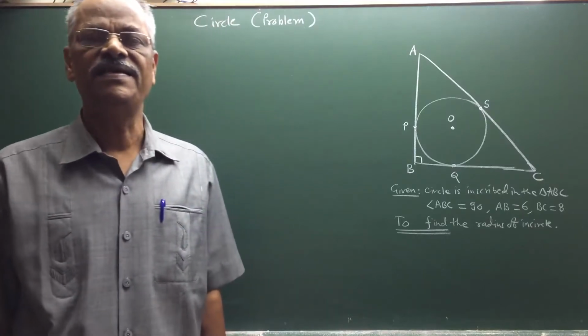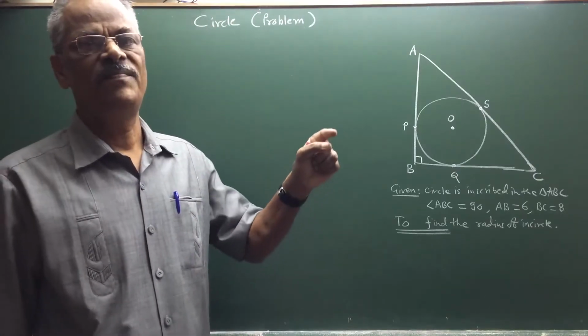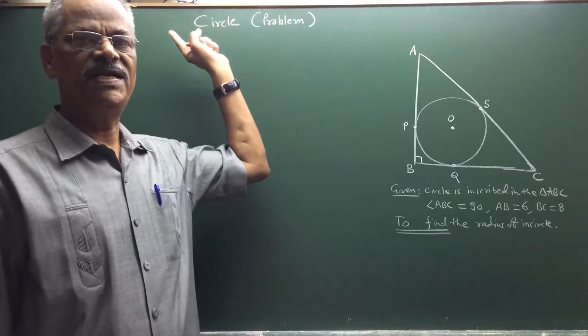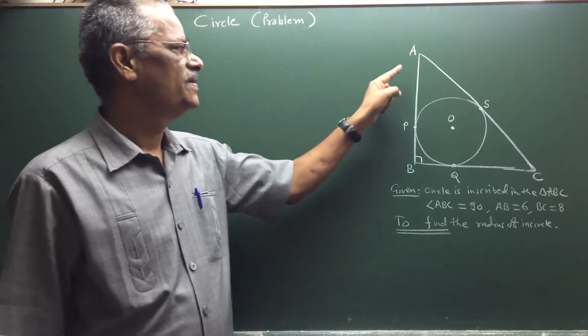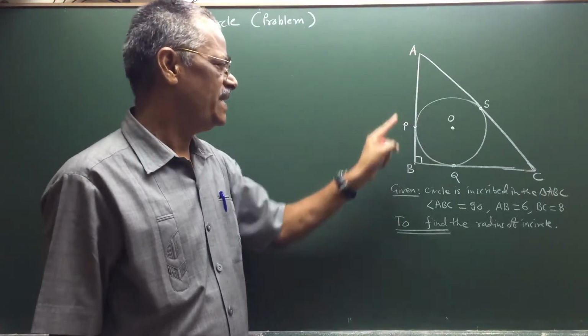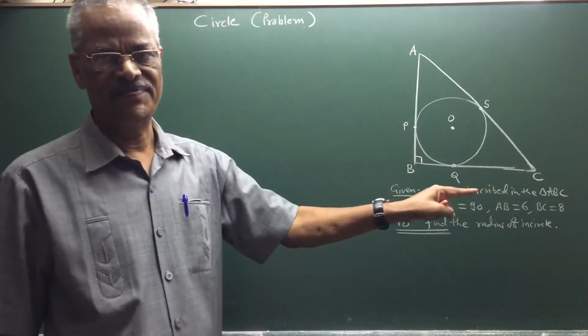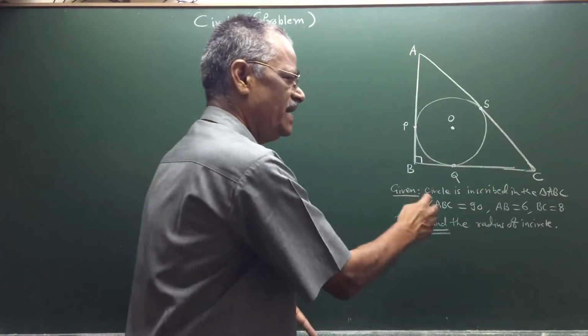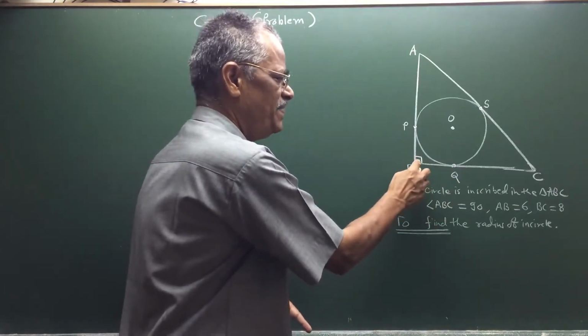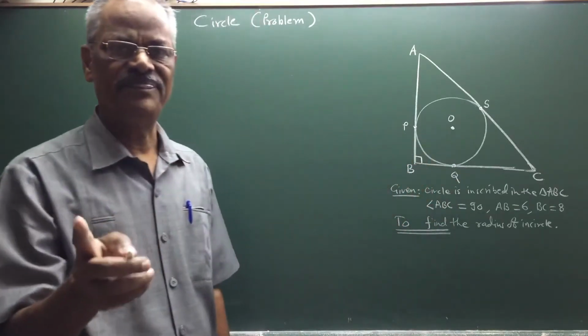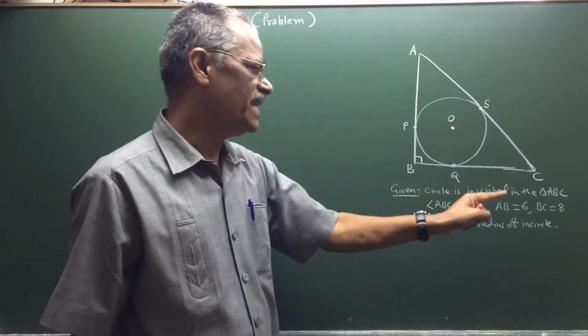Today let us see a problem from the circle topic. In triangle ABC, an incircle is drawn, and angle B is 90 degrees, so it is a right angle triangle.